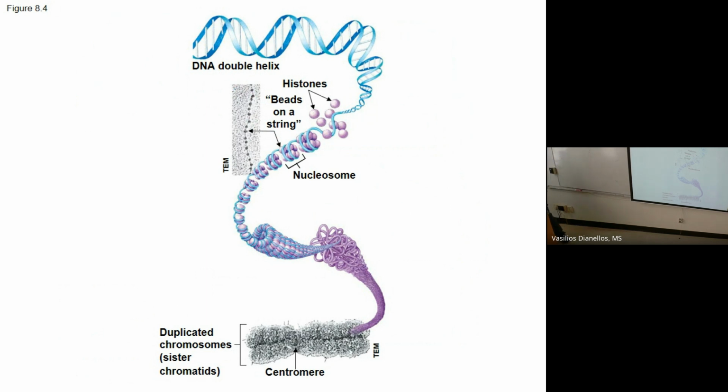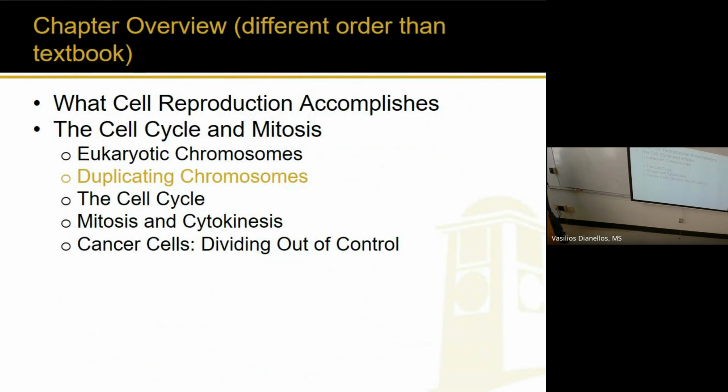So now that we know some more about eukaryotic chromosomes, let's talk about this important part of duplicated chromosomes. Like I said earlier, before the cell can go through cellular reproduction, the chromosomes have to duplicate themselves. And remember, this whole chapter, the big picture, is cellular reproduction.